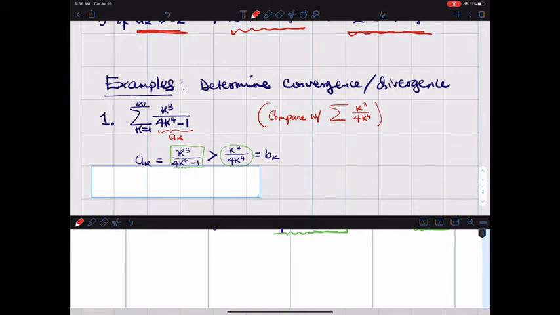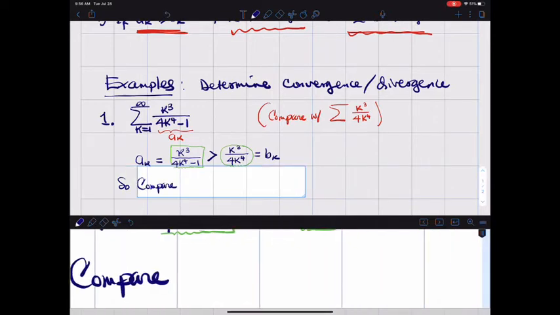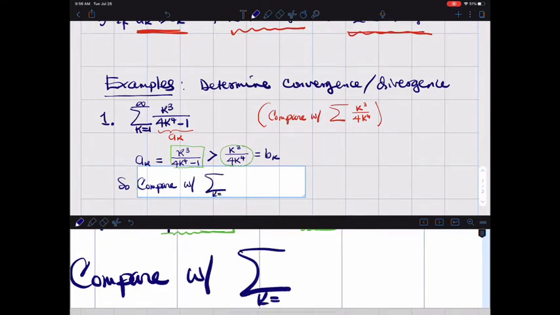Now let's look at this series I just wrote down. I don't know why I wrote it in red, but it just feels good. So I'm rewriting it: compare with the sum k from 1 to infinity of 1 over 4k.